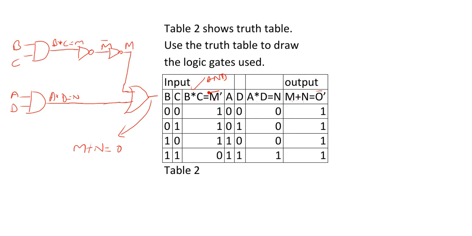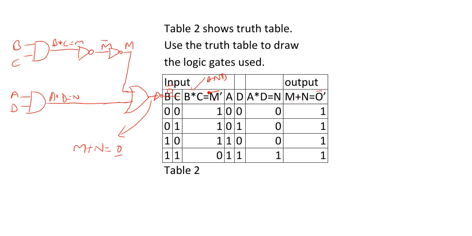And this O at the very final output is complemented, meaning we are going to add a NOT gate at the end in order to complement O. So the final gate here will be a NOT gate in order to get not O.